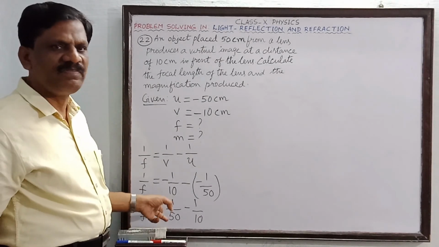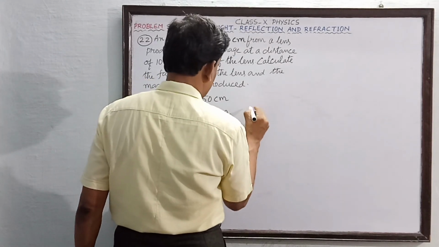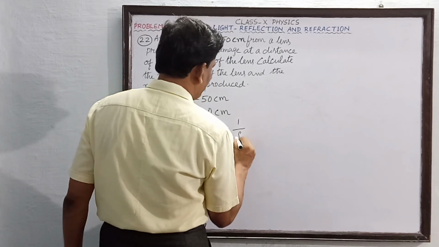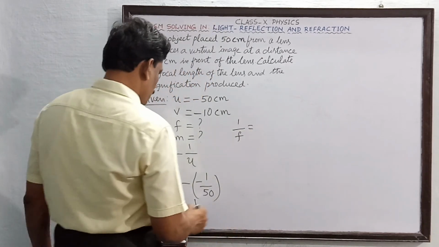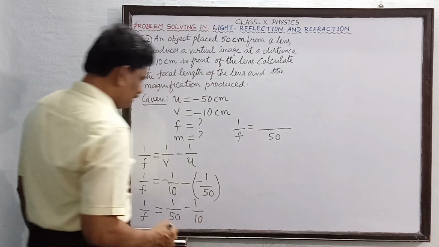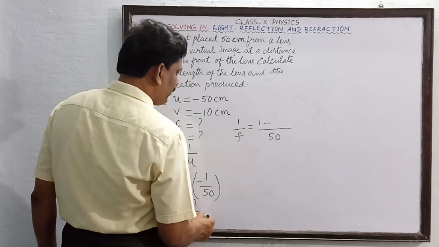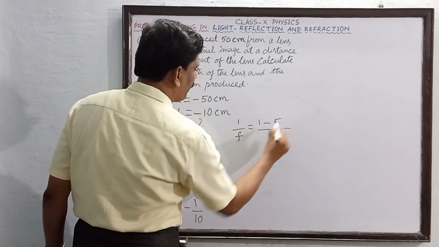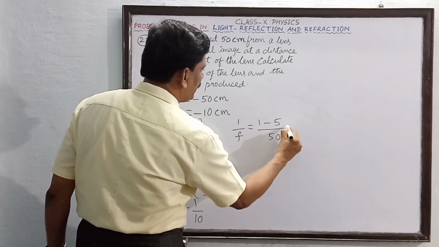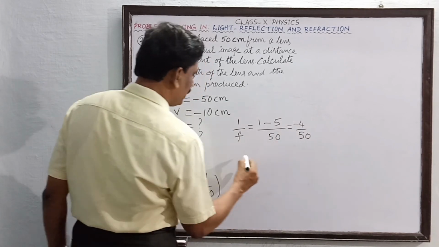So LCM is 50 now. Okay, students? So 1 by f is equal to, LCM is 50, so this is 1 minus 5 by 50. So 1 minus 5 is equal to minus 4 divided by 50.